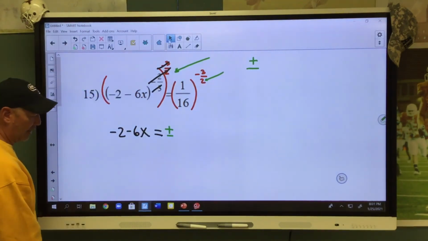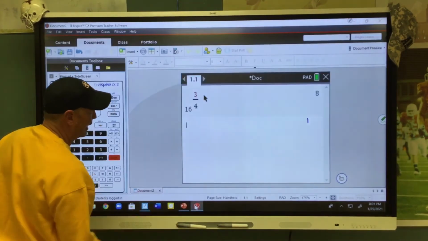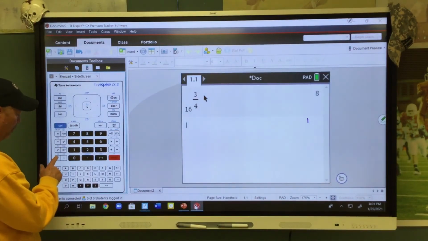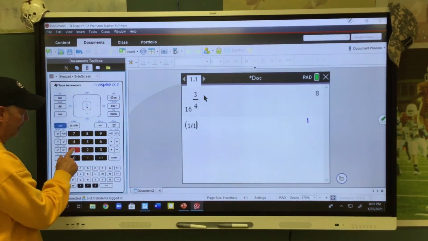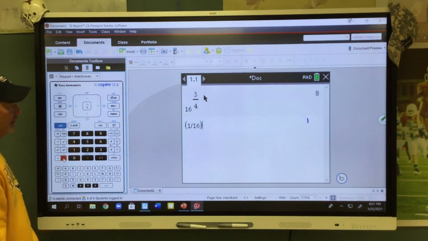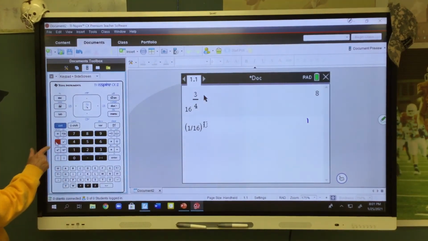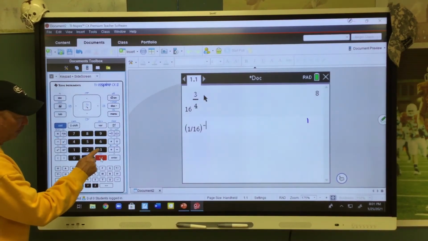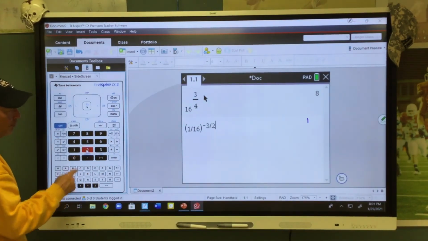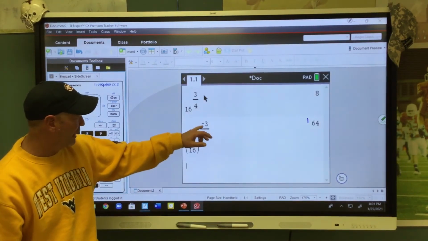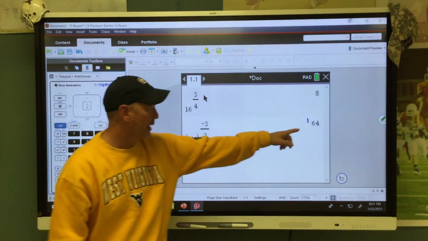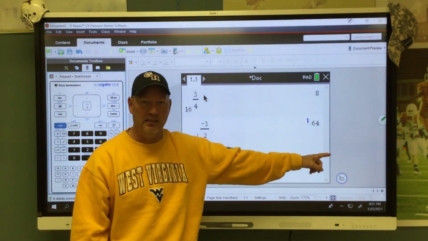I'm going to say parentheses, 1 divided by 16, close it. We're going to raise the power to the negative 3 over 2. Negative 3 divided by 2. Enter. 1/16 raised to the negative 3 over 2 equals 64.